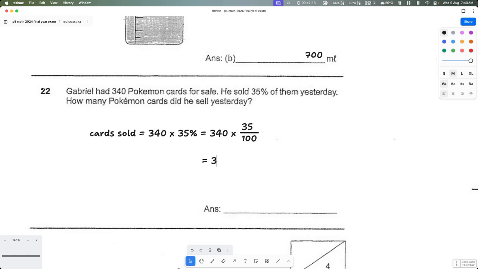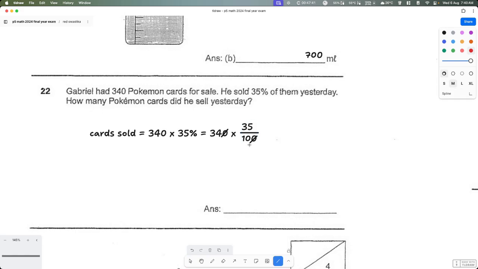So equal to 340 times 35 over 100. Yes, we can simplify this. We can cancel the 0 and the 0, and then we can cancel the 10.